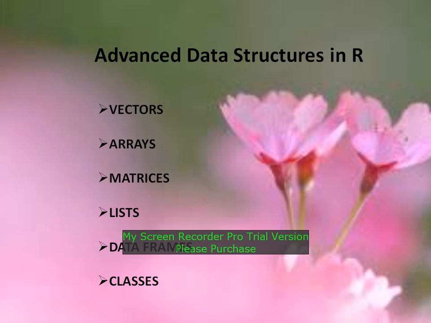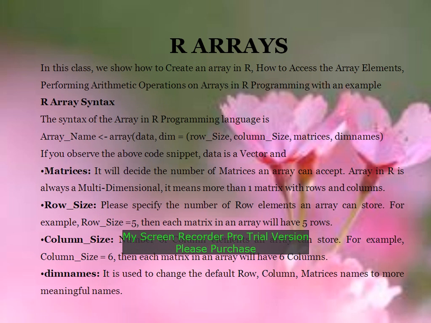These are the data structures which support one-dimensional and two-dimensional data representation, single data type and multiple data types. An array is one-dimensional, single data type. Matrices are two-dimensional, single data type. A list is one-dimensional, multi-data type. Data frames are two-dimensional, multi-data type, and classes are object-oriented representations.